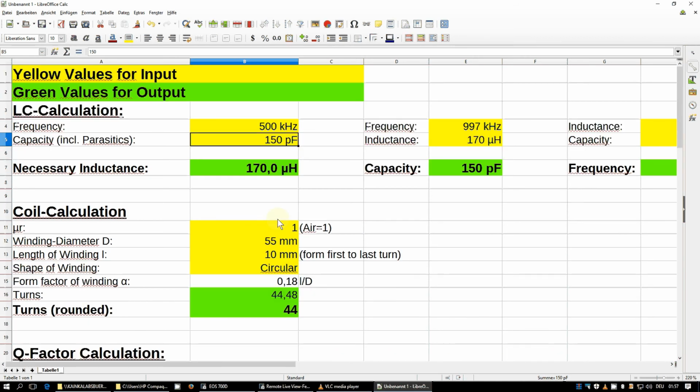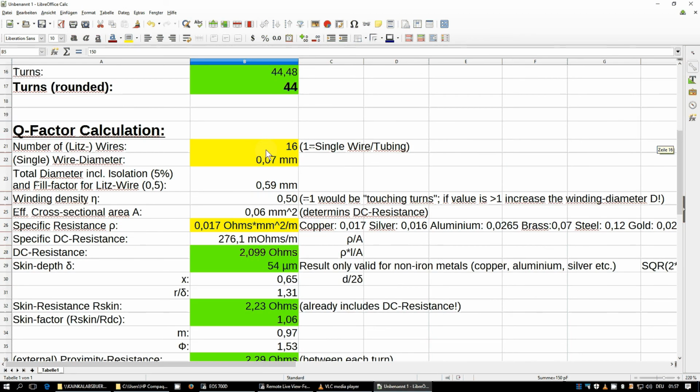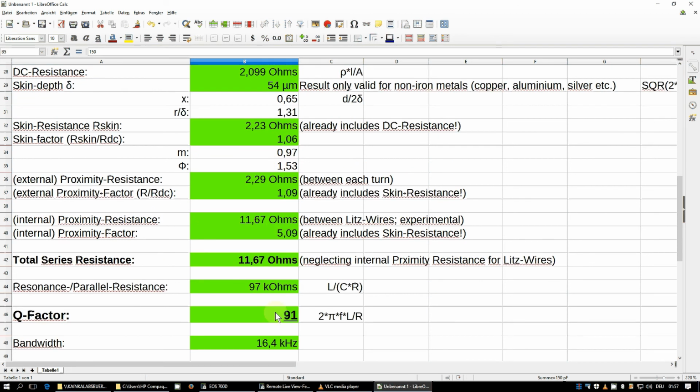Now let's go to the upper end, 1500, or in the US even 1600 kilohertz. So let's take the European end of the medium wave range, 1500 kilohertz, or in other words 1.5 megahertz. And there we can see the Q factor has dropped to 91.